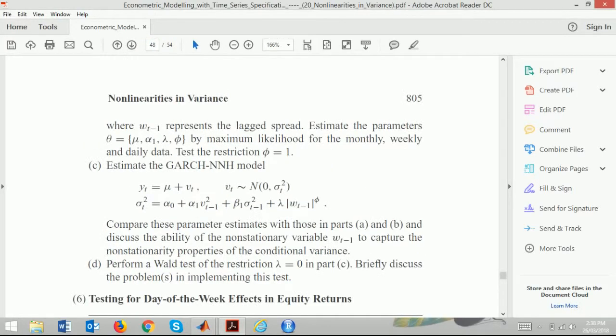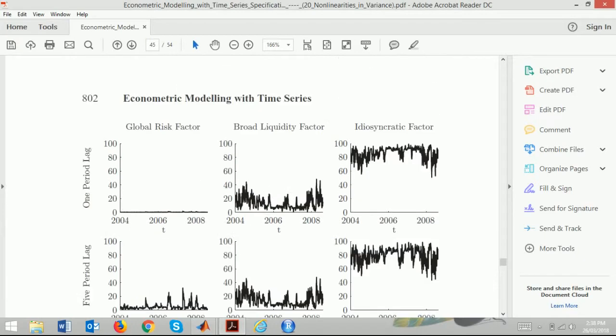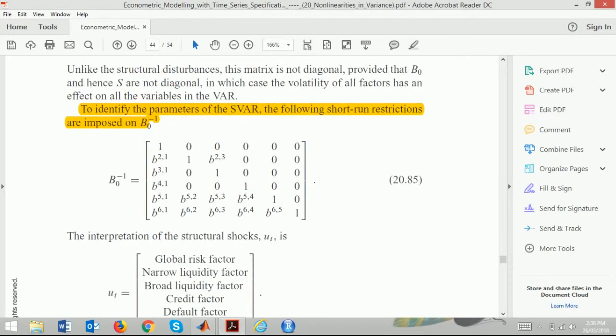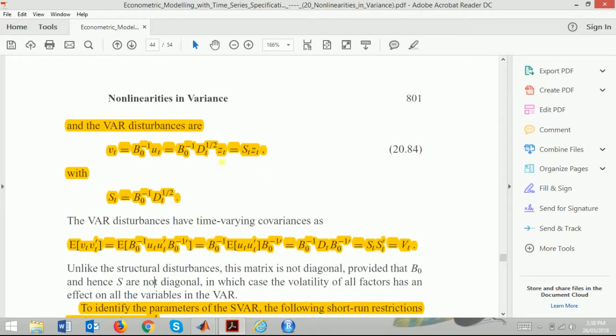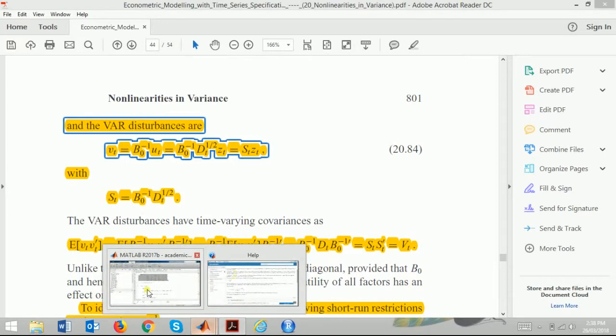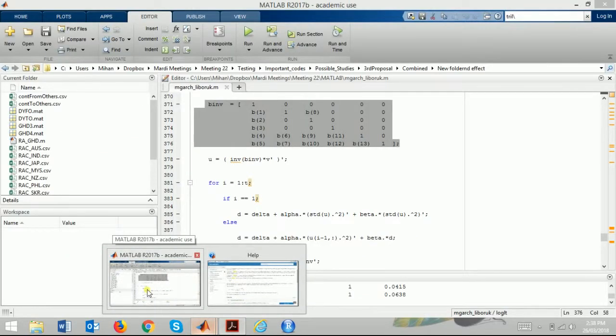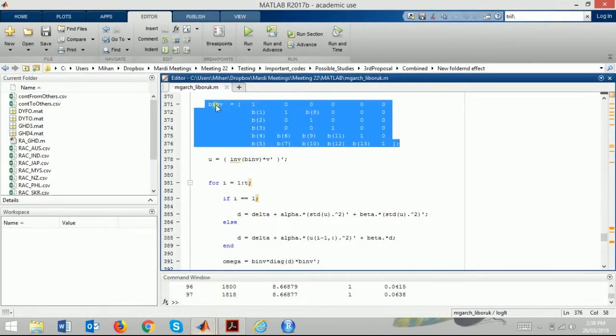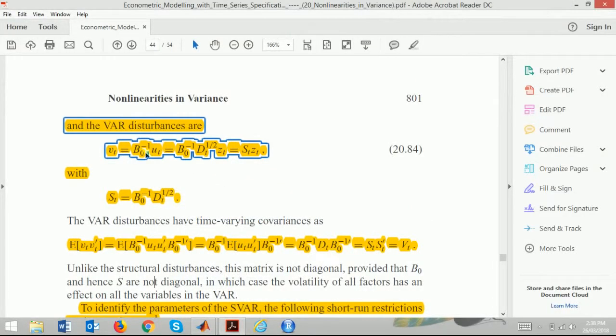Confusion? Let's go back. Okay, so beta naught U, V beta naught U by beta naught transpose. So U is this beta naught inverse, and beta naught inverse V transpose.